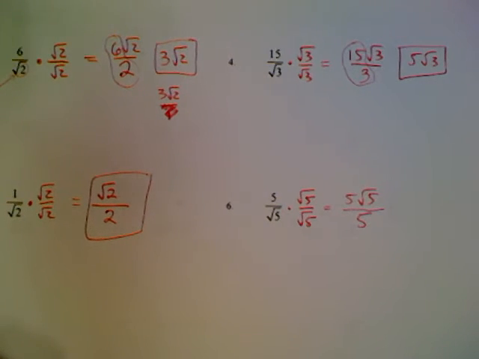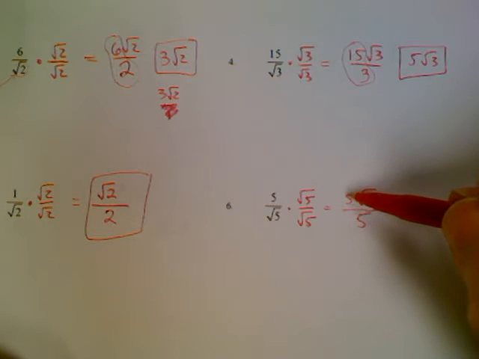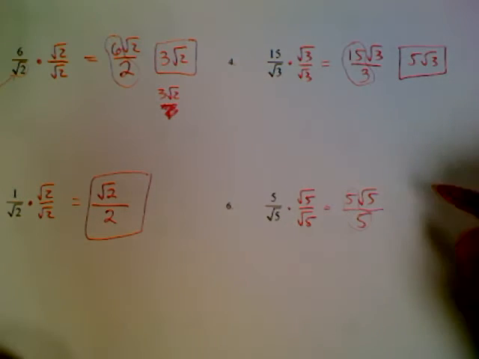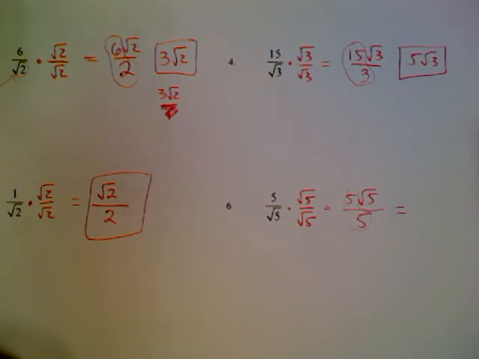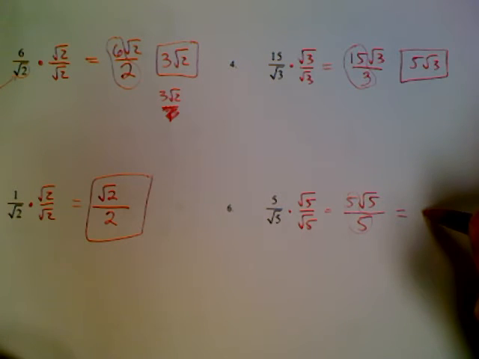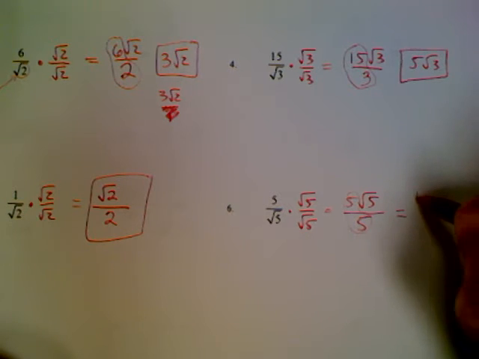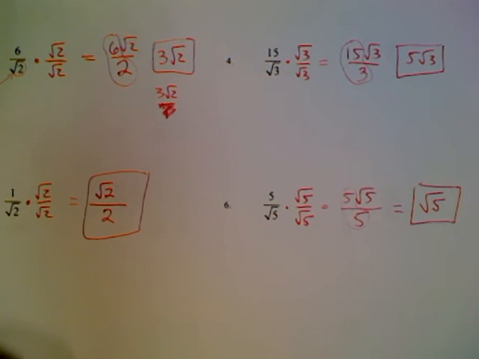Does this reduce at all anymore? Yes, it does. Those reduce to a 1 radical 5. Don't write 1 radical 5, please. It's not wrong. It just doesn't look like you graduated from junior high to high school. Please just write radical 5. That's your final answer there.